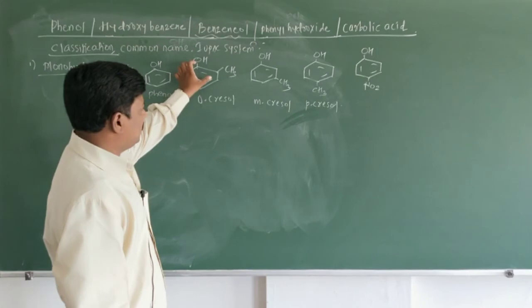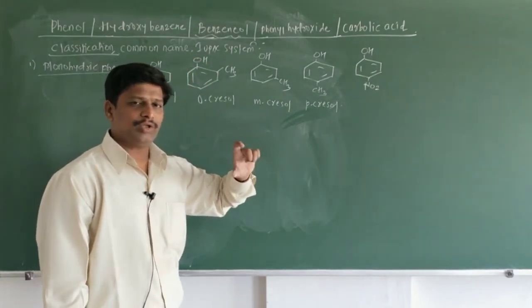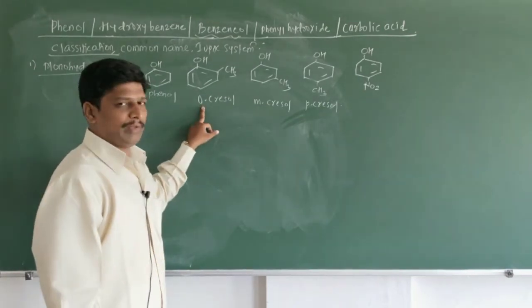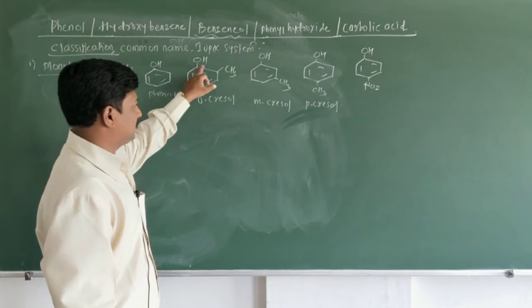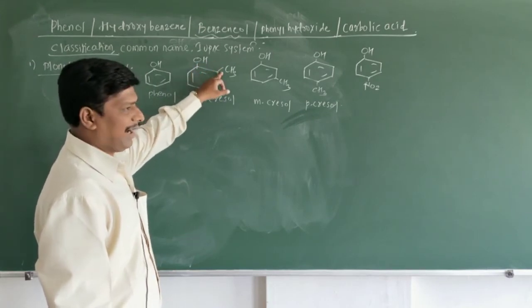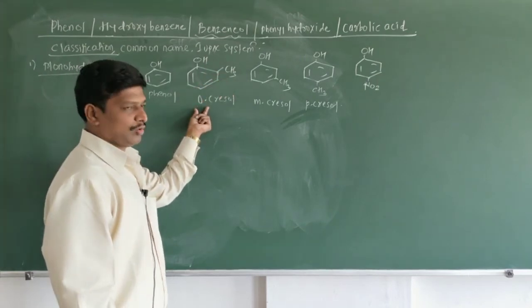When two groups are adjacent to each other on the benzene ring, the ortho prefix is used, like this. So these two substituents are at the adjacent position, therefore the prefix is ortho.